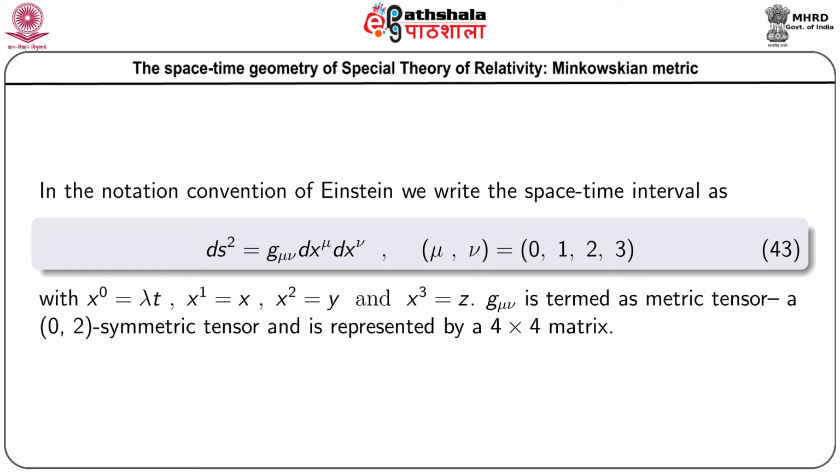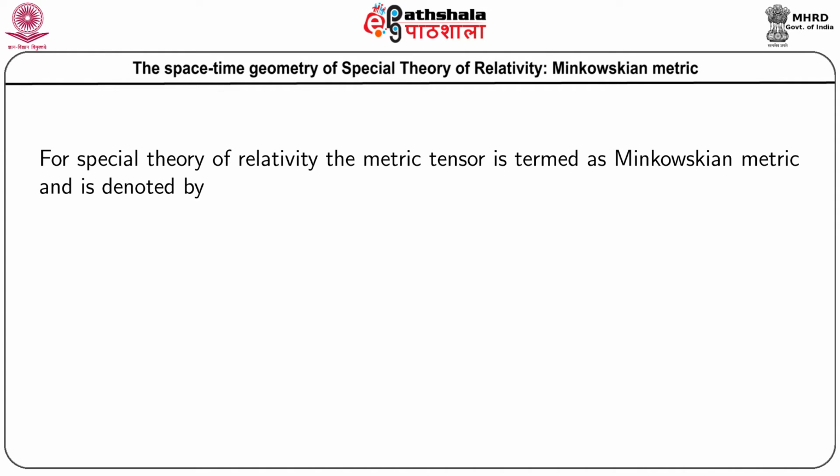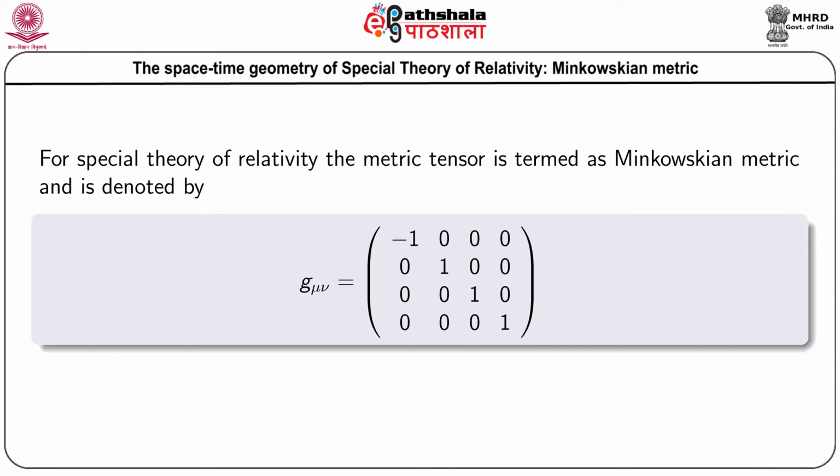For the special theory of relativity, the metric tensor is termed as the Minkowskian metric, and this g_μν has this matrix. The diagonal elements are -1, 1, 1, 1, and the others are zeros. We can write the above matrix in this form also: g_μν equals diag(-1, 1, 1, 1).